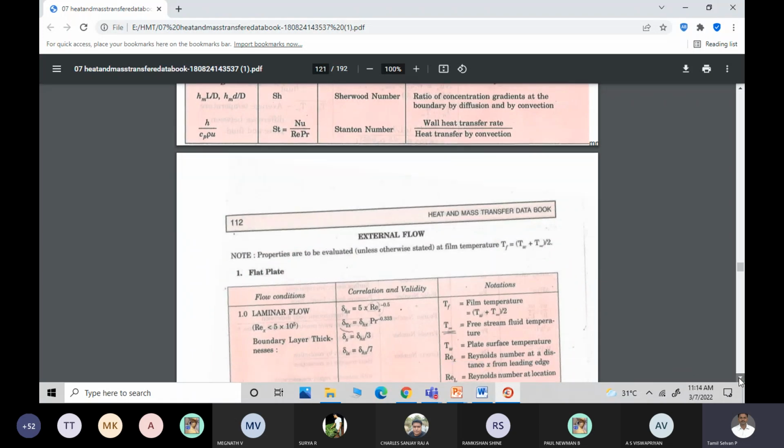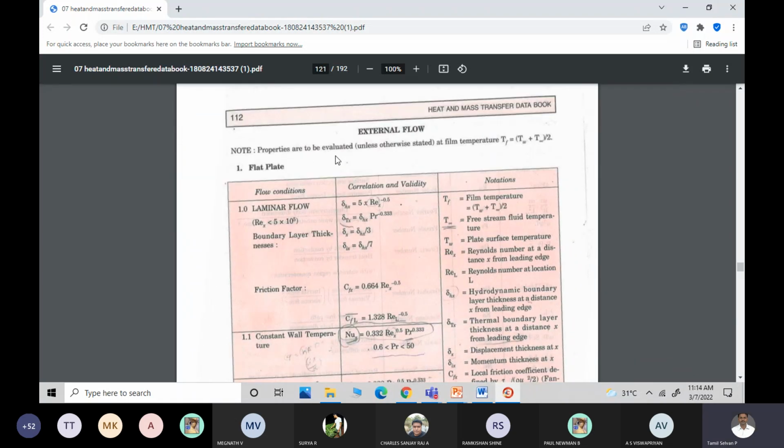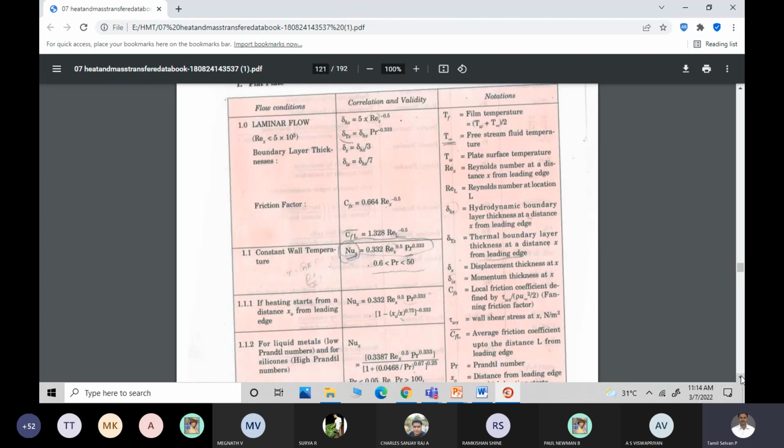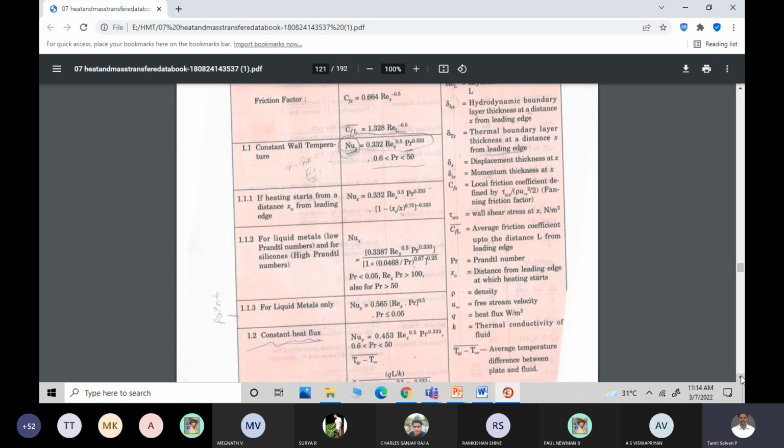At the very first thing, film temperature. The properties are to be evaluated at film temperature unless otherwise stated in the question paper. Here del Hx is nothing but 5 into x into Reynolds number to the power minus 0.5, and del Tx is del Hx into Prandtl number. Pr is nothing but the Prandtl number. Cfx is the local friction coefficient, and CFL bar is the average friction coefficient. So no need to find out the local friction coefficient; you have to find out the average friction coefficient.